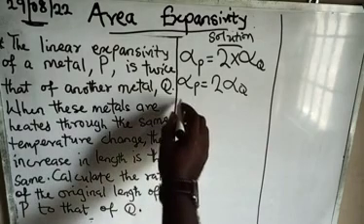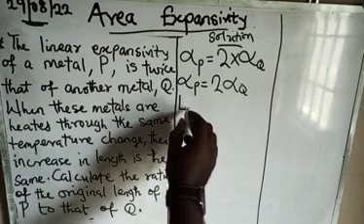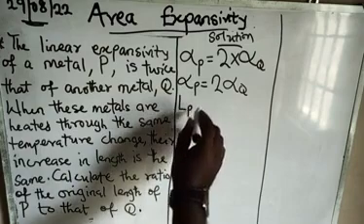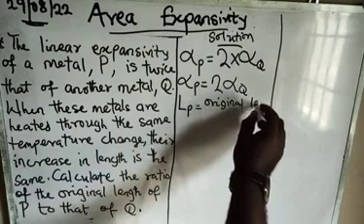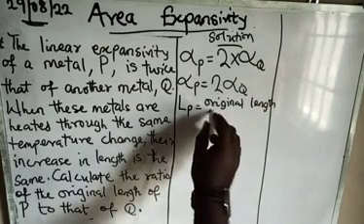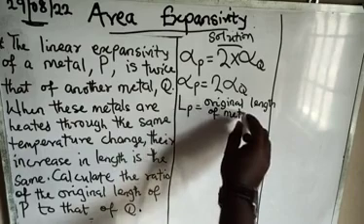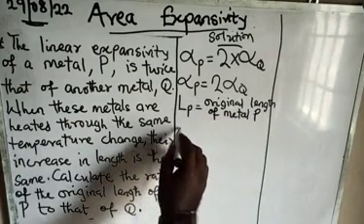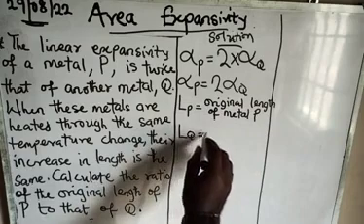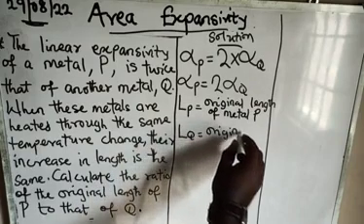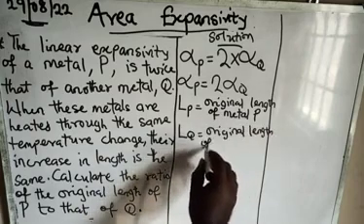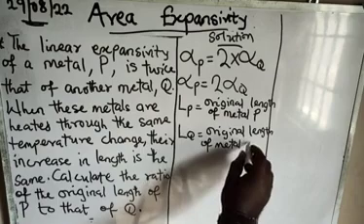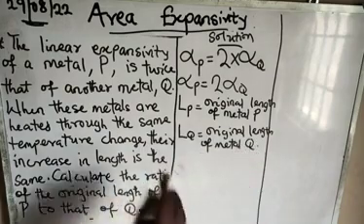Let me denote the original length of metal P as LP, and LQ stands for the original length of metal Q. Now, what's the formula for linear expansivity?